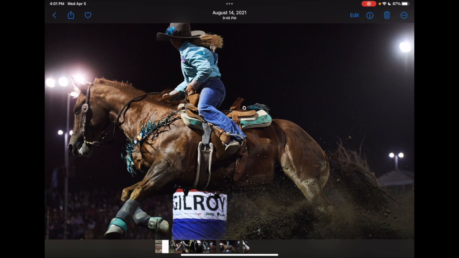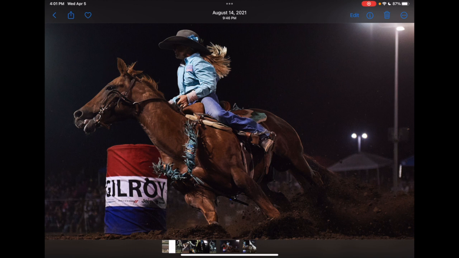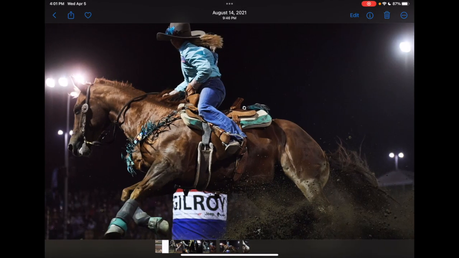You can see when you're only dealing with one light source, how much difference the positioning of the horse can be. So this is the same exposure, the same everything, but this one, the horse is pretty dark, and this one, the horse is pretty light. It's just because it happened to be going horizontally by me and was perpendicular with the light and bounced all that light right back to me. So these are the kind of things that I'm looking at.